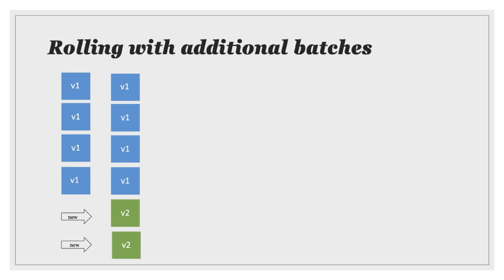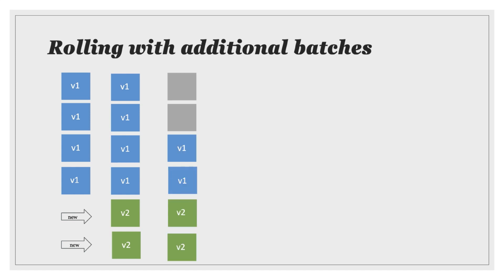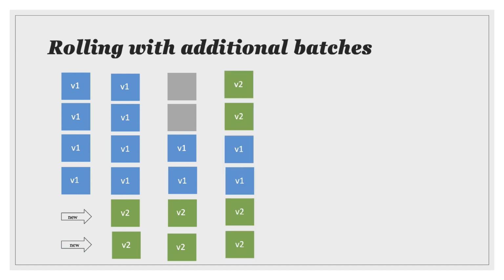We initiate a new, additional batch with the latest application version running on the instances. Now we have the batch size of 2. So we take the first 2 instances out of service and upgrade them to version 2 of our application.